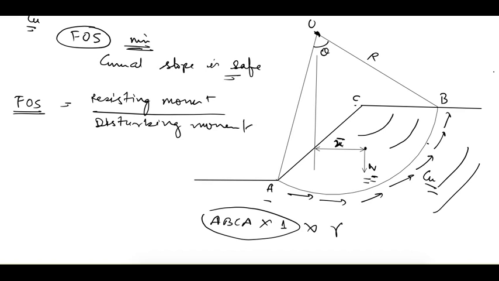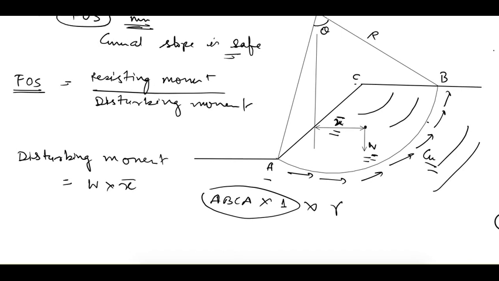Now that we have found the weight, we take the moment of this weight about the center. This is the distance of the CG of the weight from the center. So the disturbing moment is equal to force into lever arm, that is X.